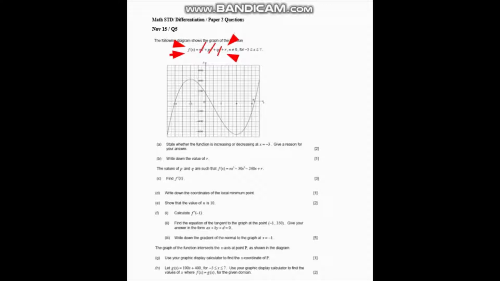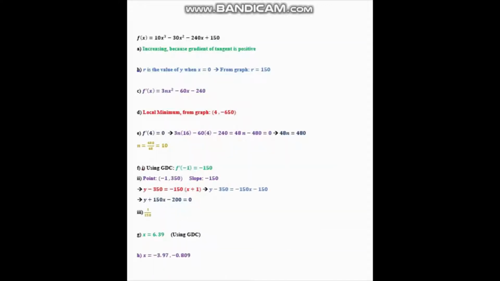So r is the value of y when x equals 0, which is basically the y-intercept of the function. When x equals 0, the value of y is 150. So these are the two answers to A and B.